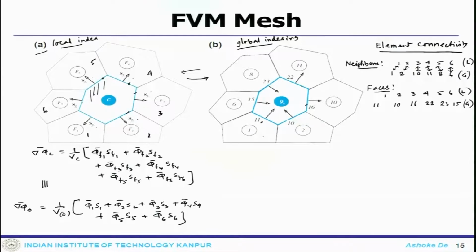Now, for this particular element, the local faces were 1, 2, 3, 4, 5, 6, and they are connected with the global numbers 11, 10, 16, 22, 23, 15. So, this means the connectivity between local face and global face is also very important, and this is how the connectivity is stored, and in handling of the data structure one has to do that.